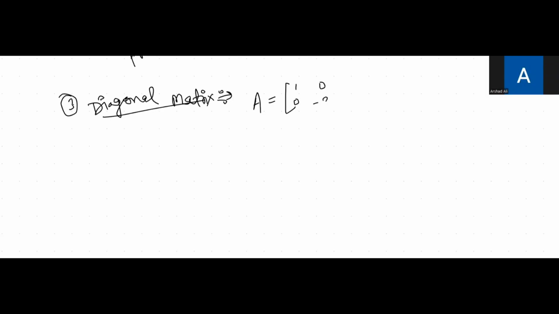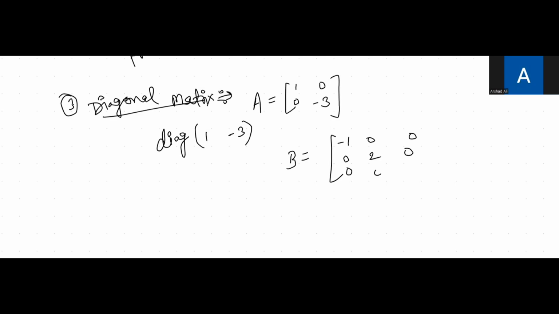Here we have elements in the diagonal, or in short form we can write diag(1 minus 3). The remaining elements are 0. Another example: B is equal to minus 1, 0, 0, 0, 2, 0, 0, 0, 7. So we can write diag of minus 1, 2, 7. We write the elements with spaces; there is no comma between these elements. So that was the diagonal matrix.